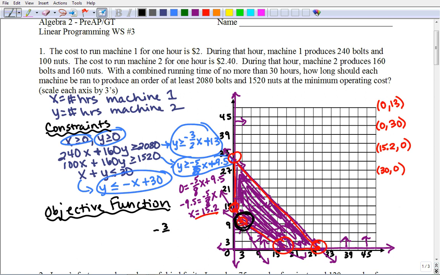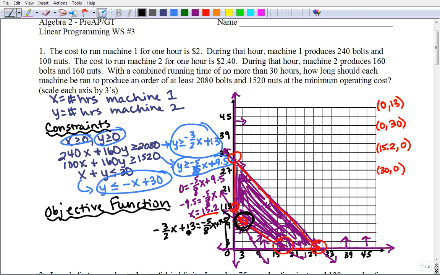And we need to set those 2 equal to each other and solve for x. So basically we're looking for their intersection, just like we've done for the systems of linear equations. So now this is kind of a review of old things we've done. Sorry, I should have chosen a different color there. But whenever we solve for x here, we'll end up with an x value of 4.